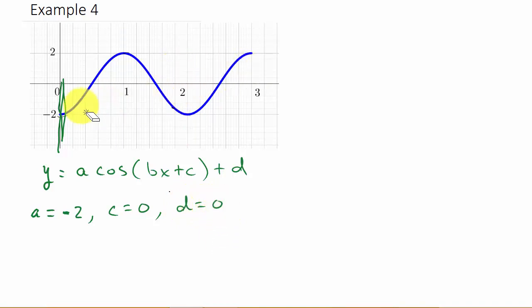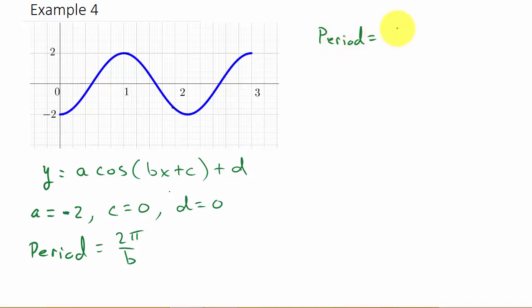All right, so now we've got to figure out what b is. We know that the period of the graph is 2 pi over b. Period is equal to 2 pi over b. Well, we need the length of the period.